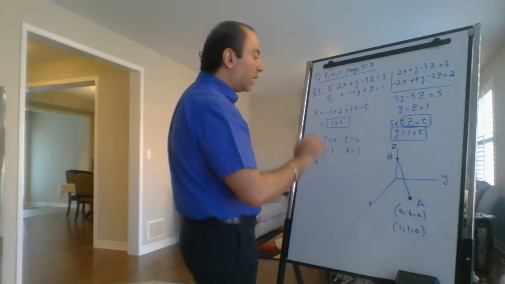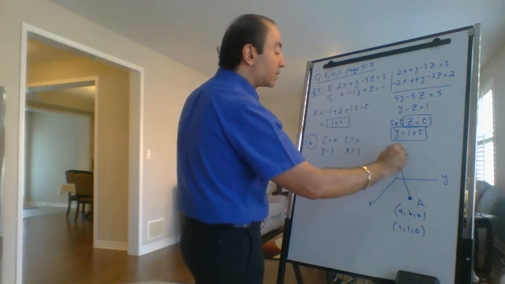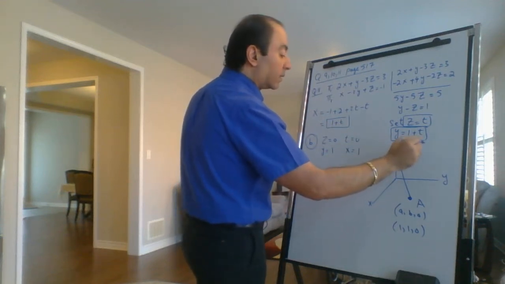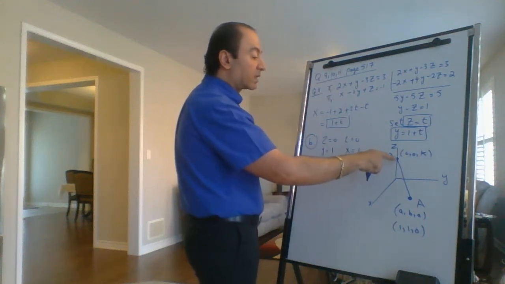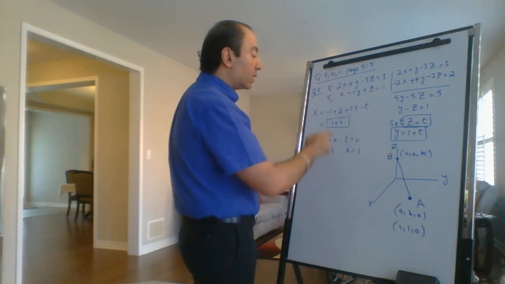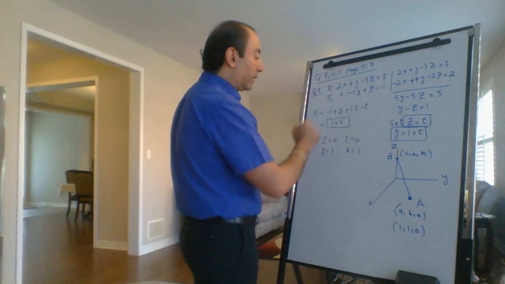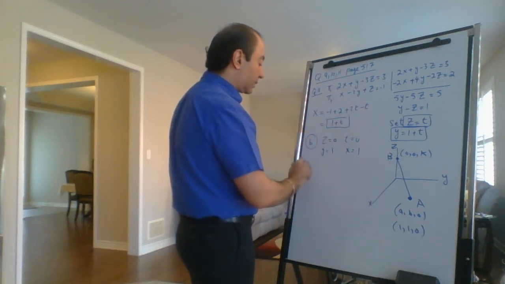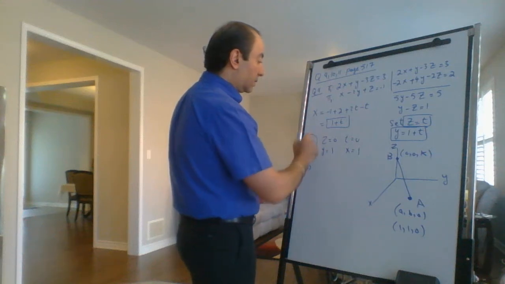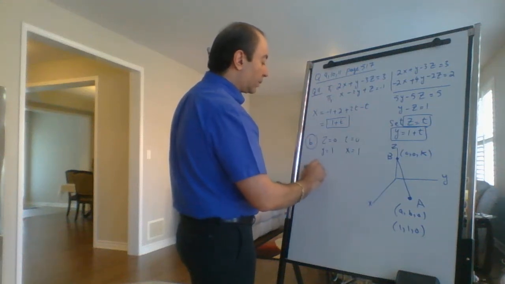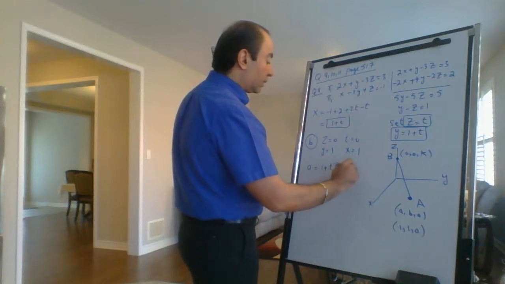For this one, I have 0, 0, and let's say k, because any point on the z-axis has x and y equal to 0, 0. So when I put 0 for x, or 0 for y equals 1 plus t, t will equal -1.